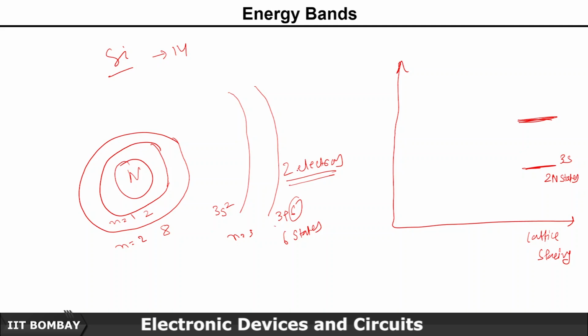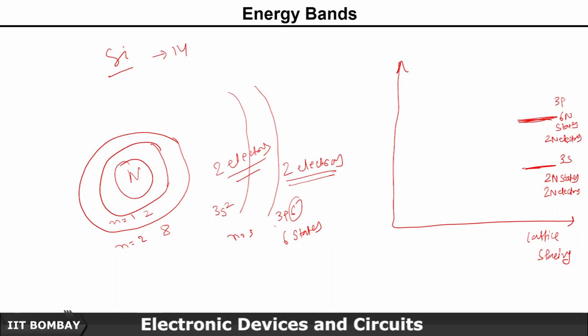There are 2n electrons. Similarly here in 3p you have 6n states but only 2n electrons.